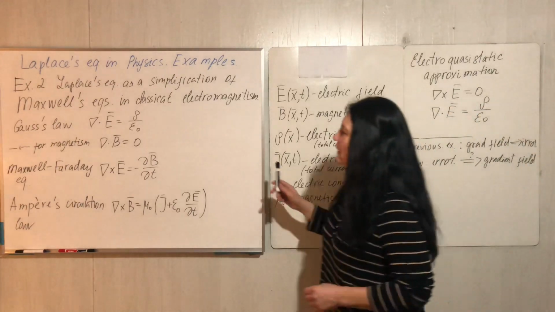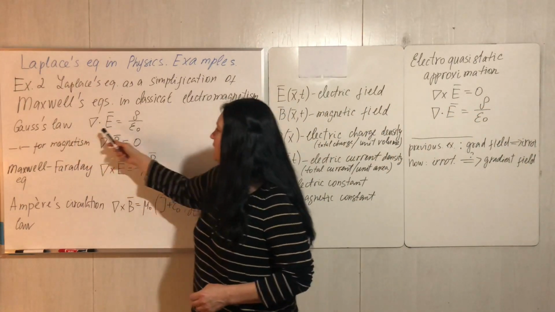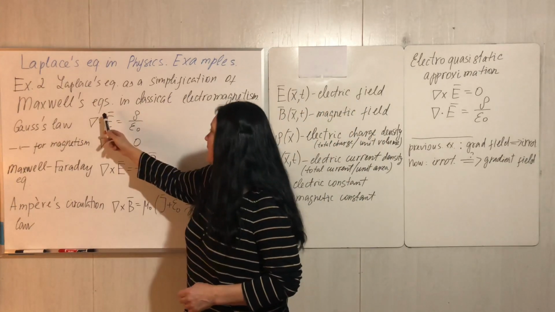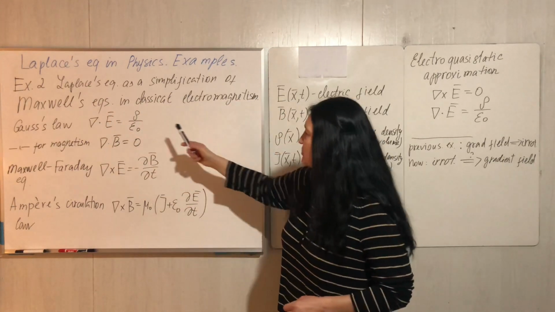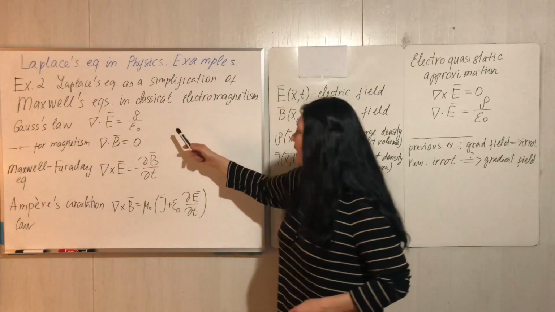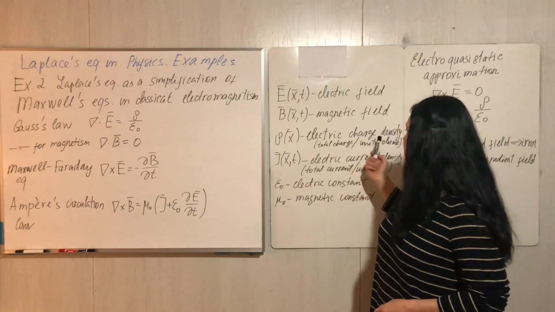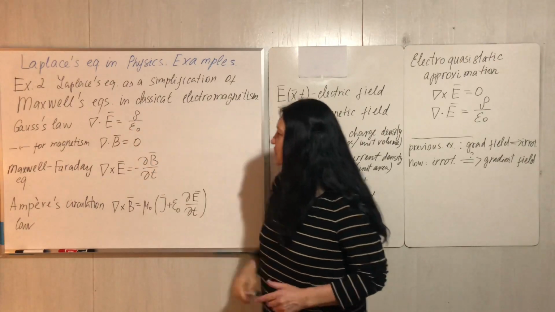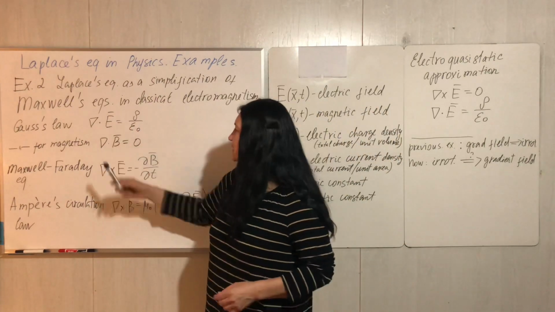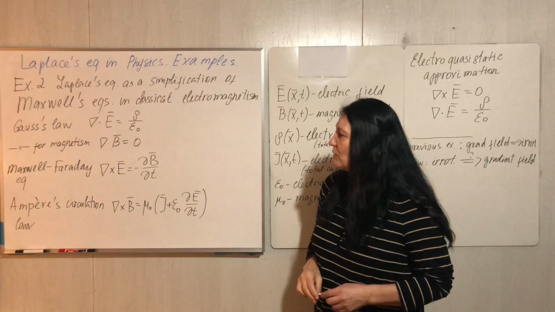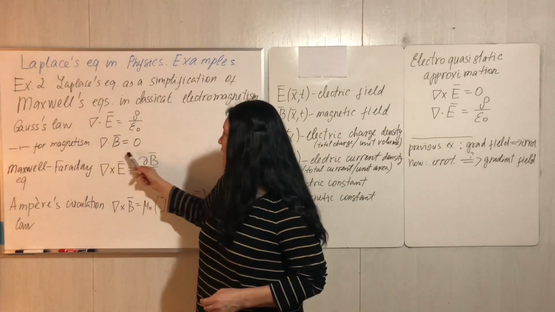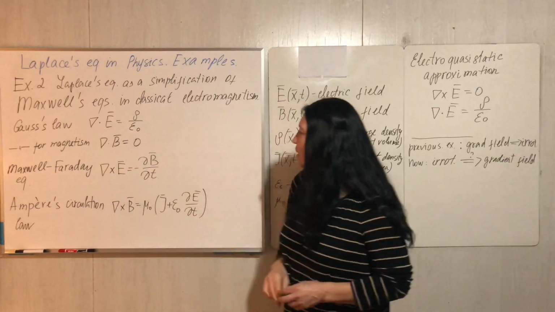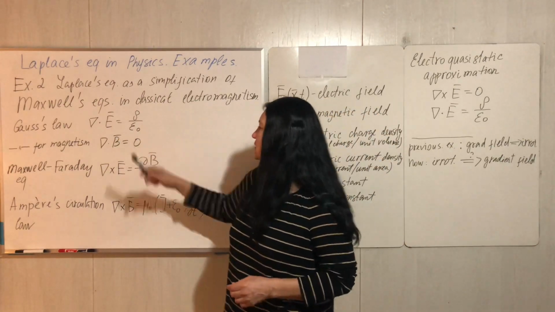Right, so now let's look at the first equation, Gauss's law. It describes a relation between the electric field and rho, which is charge density, between the electric field and charges. The second equation, Gauss's law for magnetism, tells us that B is divergence free, or that the field is solenoidal.